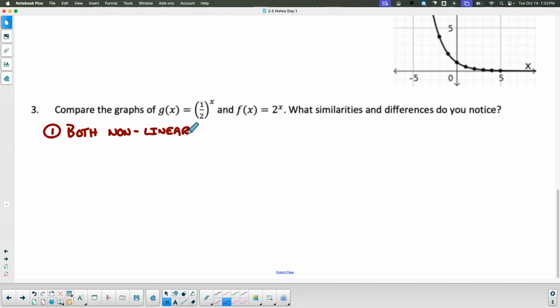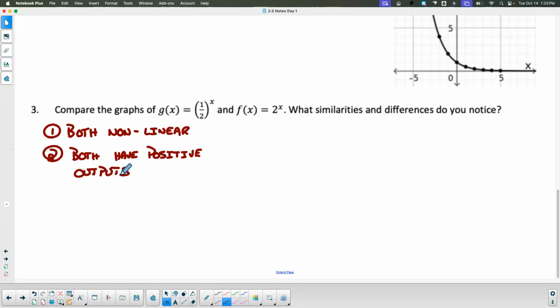Yep. Mm-hmm. Remember, it could be a difference also. It doesn't always have to be a similarity.